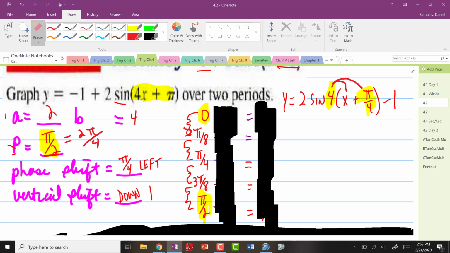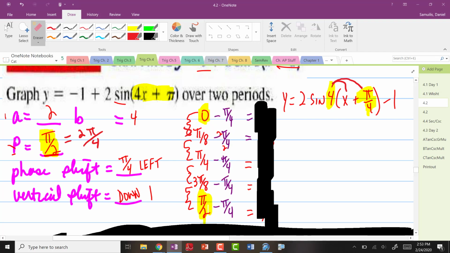Then, what does pi over 4 to the left mean? Subtract or add? Subtract pi over 4 from all of these. And then I did some common denominator work, but it's pretty simple on this one again. 0 minus pi over 4 is negative pi over 4. Pi over 8 minus 2 pi over 8. Do you see that? Pi over 8 minus pi over 4 is negative pi over 8.